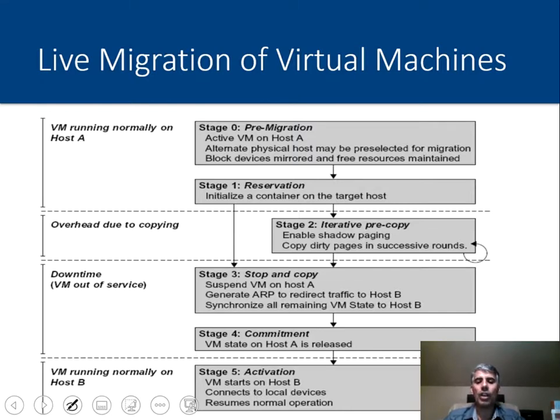And in stage 5, the destination machine is activated, and we can run on the destination machine. So please note that before the commitment state is done, all the operations are still done on host A. Before the stop, before stage 3 and stage 4, all the operations are still done on machine A.